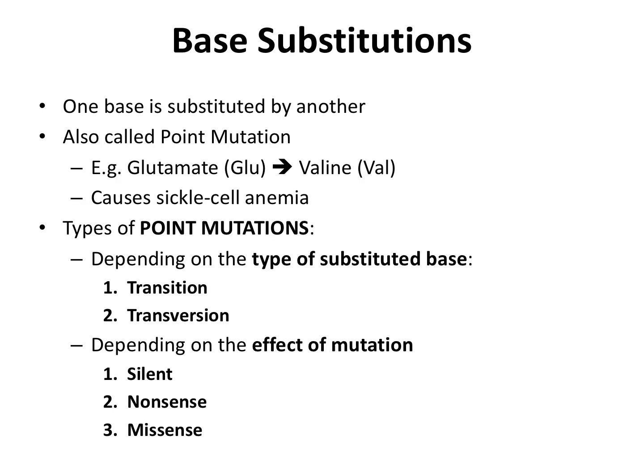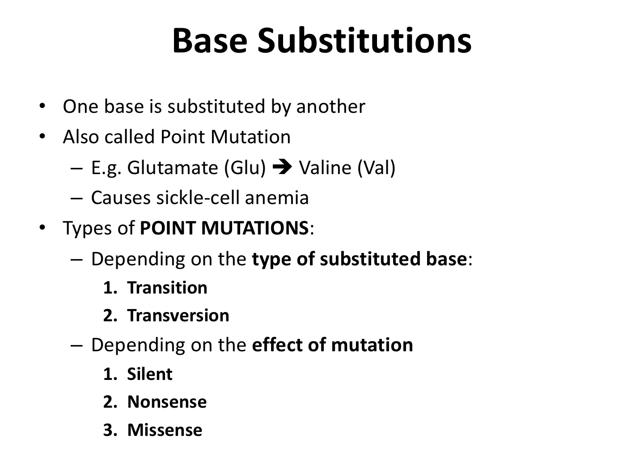In case of base substitution, one base is substituted by another, and it is also called a point mutation. We have seen and discussed the example of sickle cell anemia, where glutamate is being replaced by valine, which causes sickle cell.